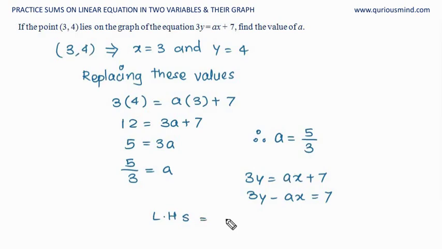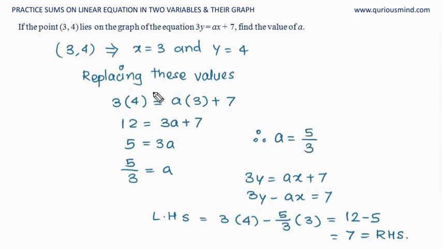So LHS becomes 3 into 4 minus 5 upon 3 into x is 3. That is equal to 3 into 4 is 12 minus 5 upon 3 into 3. 3 gets cancelled, so minus 5. And that is equal to 7, which is equal to RHS. Hence, it is proved. So, value of a is 5 upon 3.